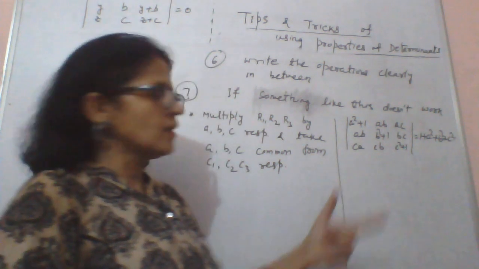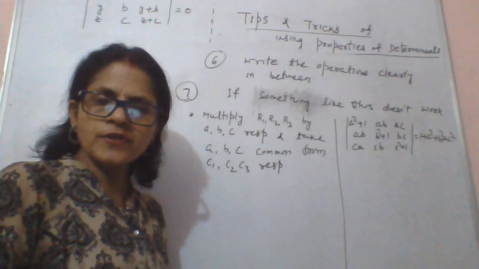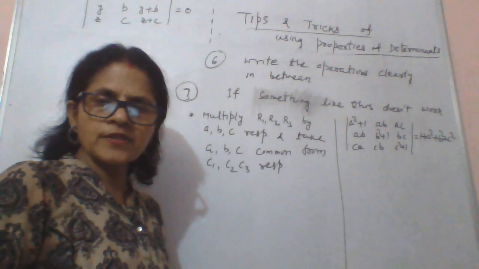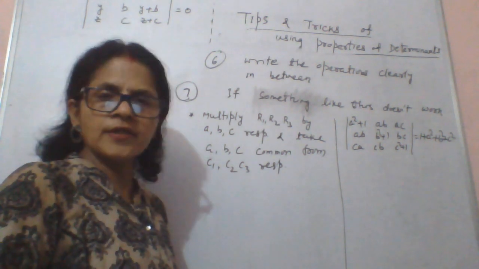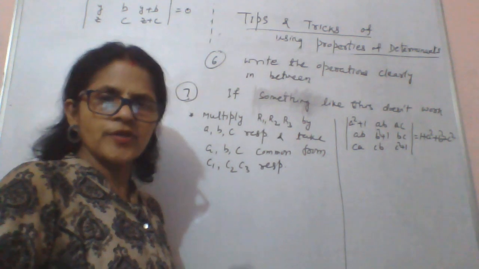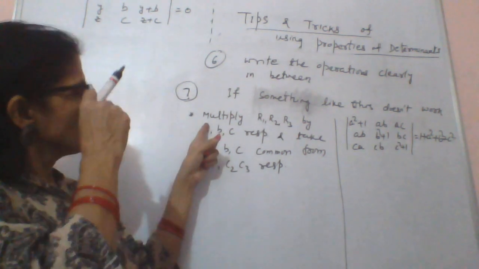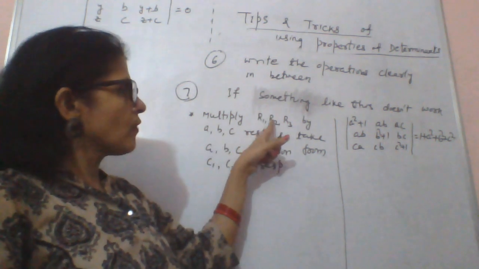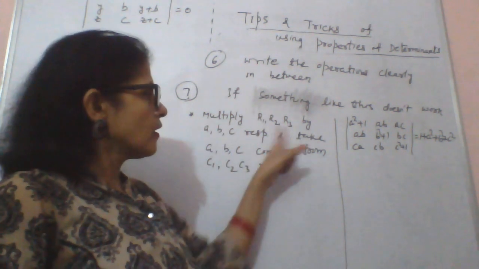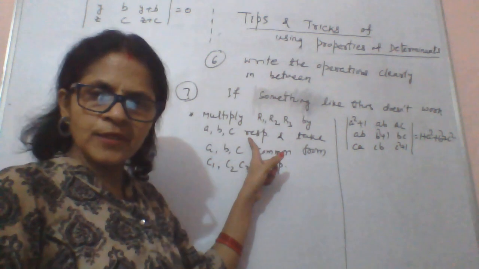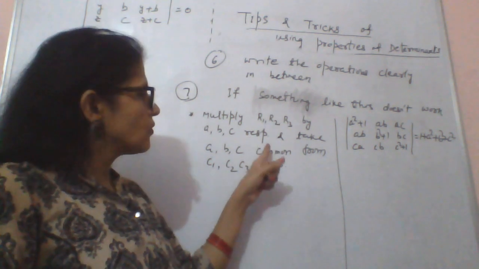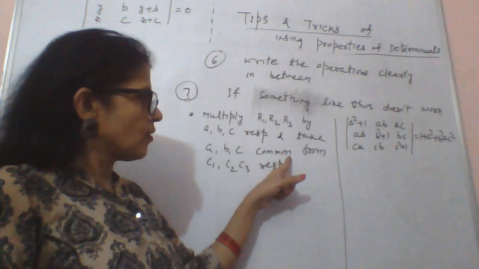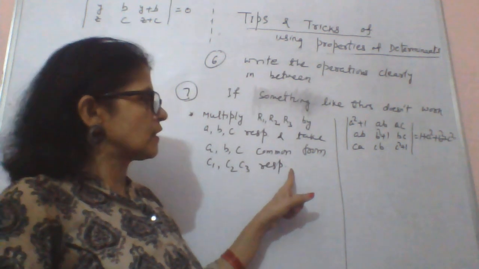So here you see, if you take R1 plus R2 plus R3, or C1 plus C2 plus C3, you will not get anything in common. In such cases, the seventh trick is: multiply R1, R2, R3 by a, b, c respectively, and take a, b, c common from C1, C2, C3 respectively.